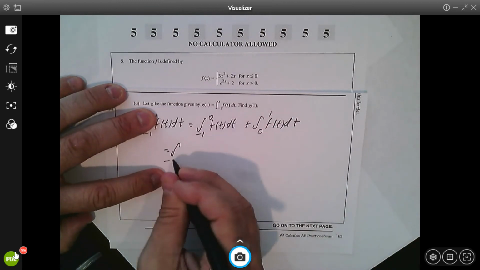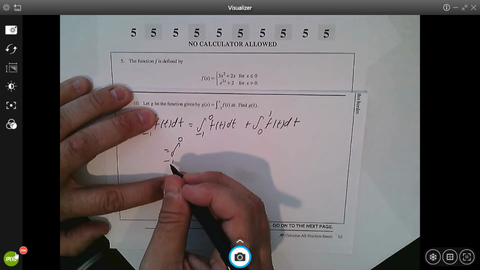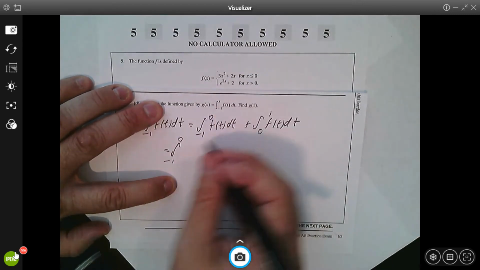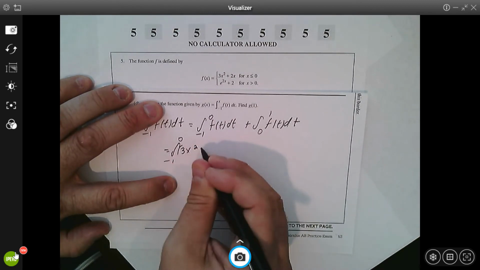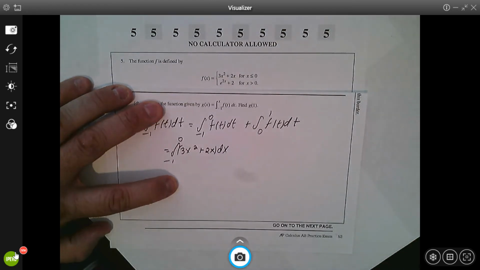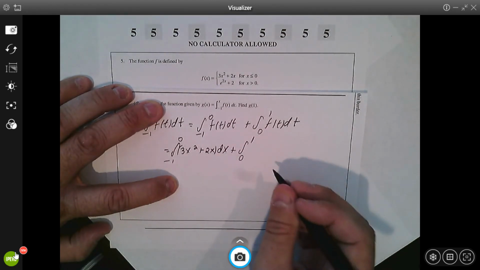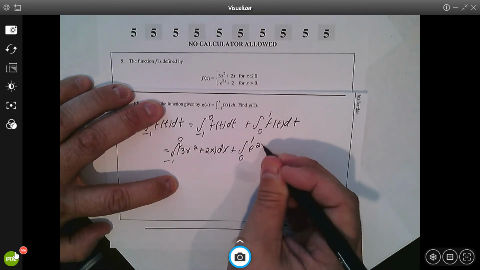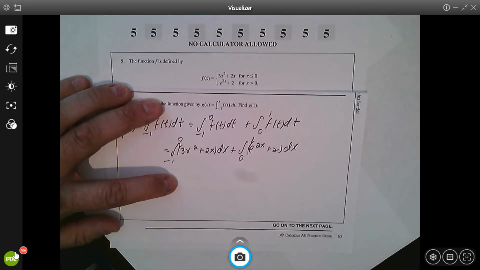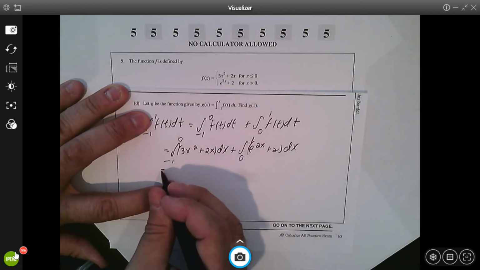Once we do this split, I hope the rest of this is pretty natural. We're going to integrate from -1 to 0, 3x squared plus 2x, or 3t squared plus 2t. As long as you're consistent with your variables, I think you're going to be okay. Plus the integral from 0 to 1 of e to the 2x plus 2. You're going to have to find the integral for each piece separately.